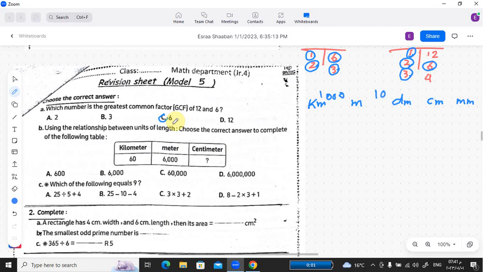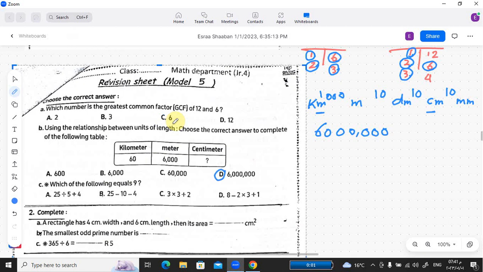Then 10, 10, 10. So I need to jump from kilometer to centimeter. 3 zeros and 4, 5 zeros. But it's 6, so I will add one more zero. It will be 6 zeros now, because I already had 1. So it will be 6 million.